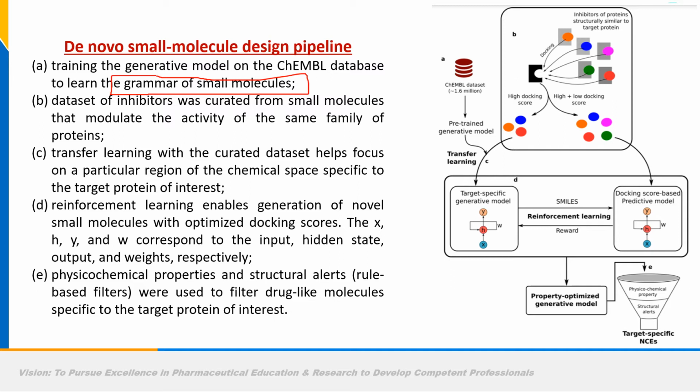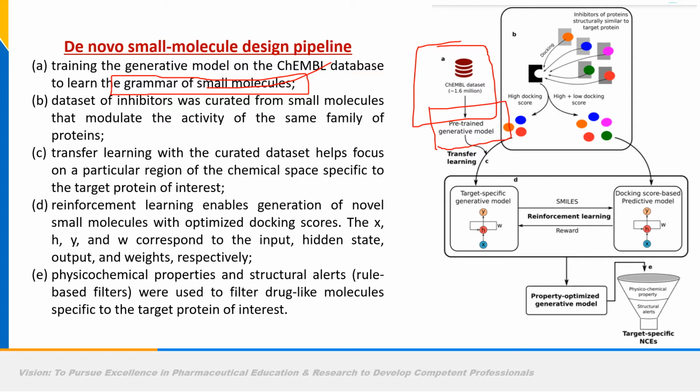So in infographics, understand now, this is your source database, ChEMBL. You will train a deep learning model to understand the grammar of small molecules. This model will be called a pre-trained machine learning model.